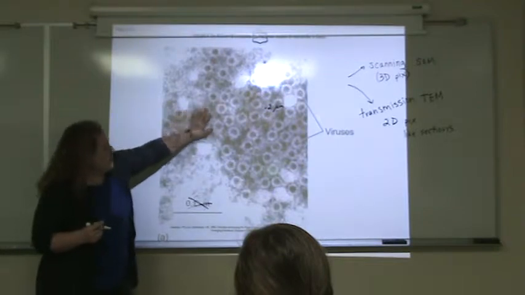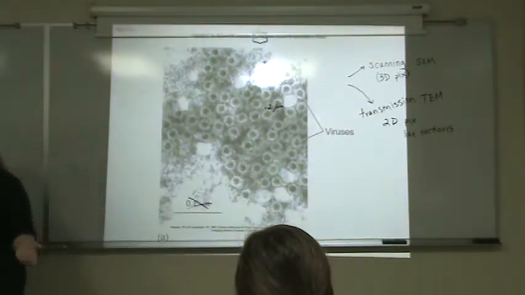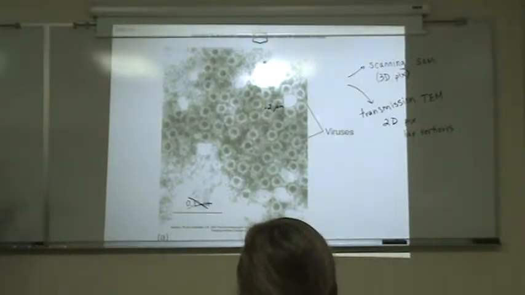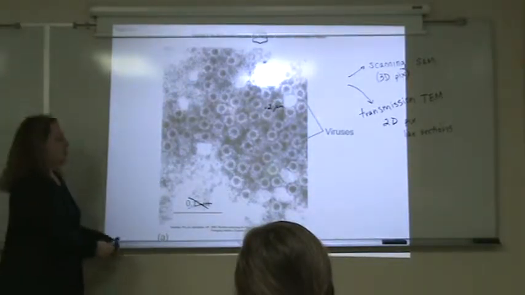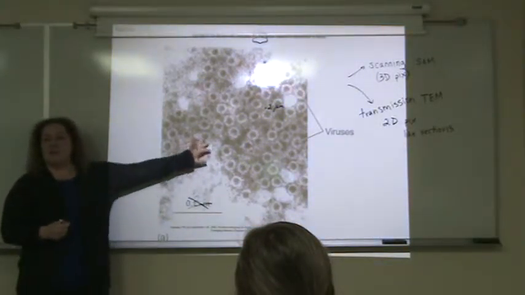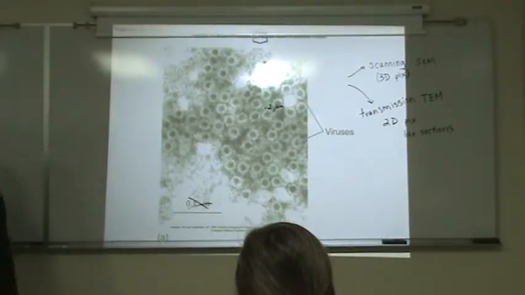But you can see this picture is a flat cross-section, and it looks less beautiful than an SEM, but that's TEM. So you'll see a lot of pictures in the book that are electron micrographs. We don't have an electron microscope here, but they're very useful for looking at tiny structures in life.